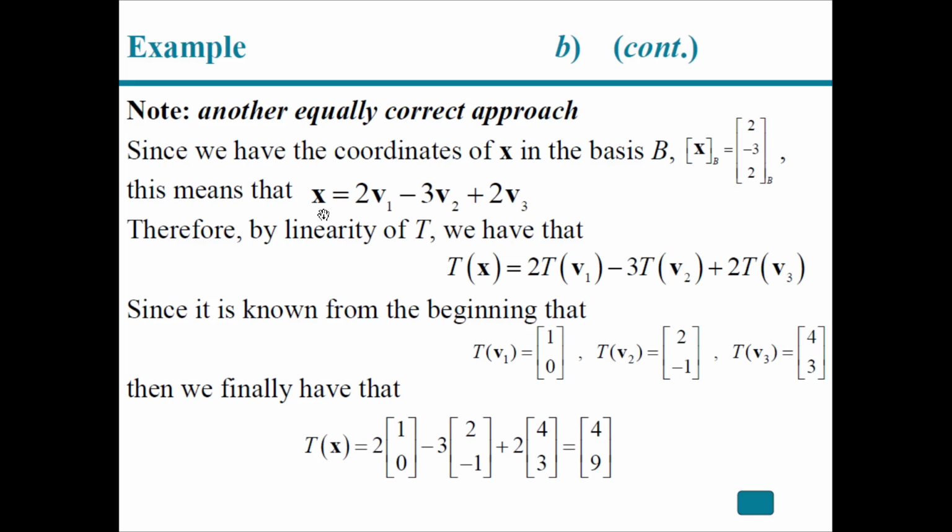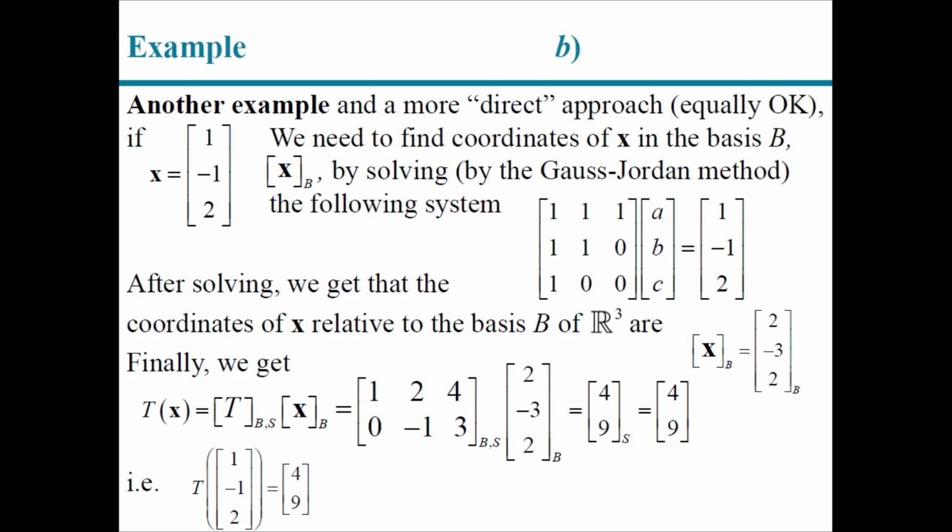I apply the linear transformation T to both sides, and by linearity I get this. These are given, Tv1, Tv2, Tv3, and I just plug everything into the equation, I get it. Fine, perfect. Or you can say, well, I prefer doing matrix vector products, and okay, fine, just do it.